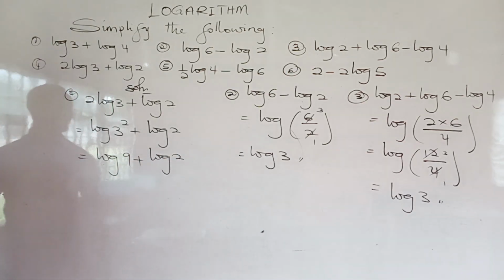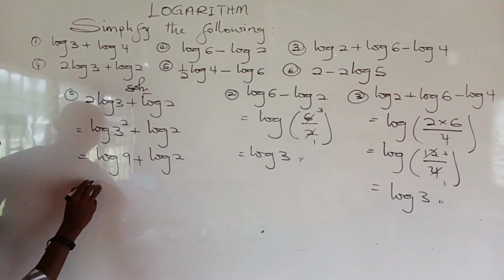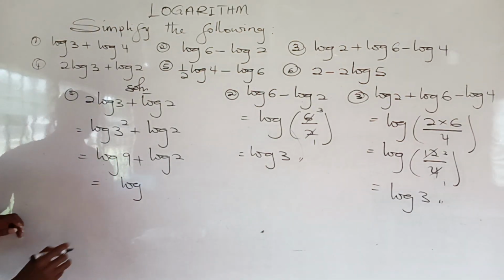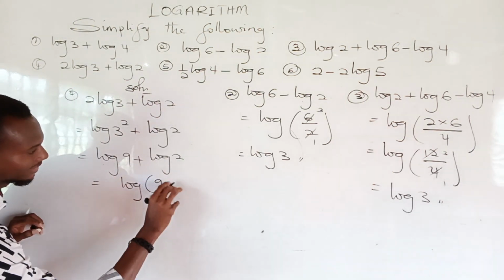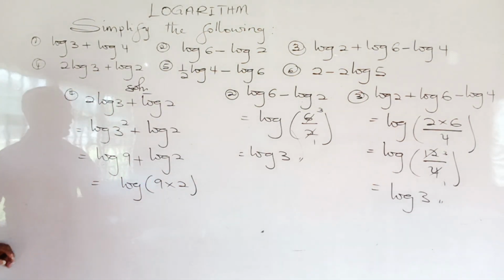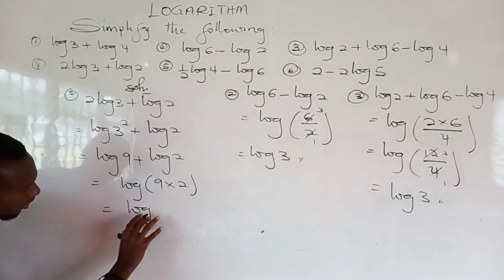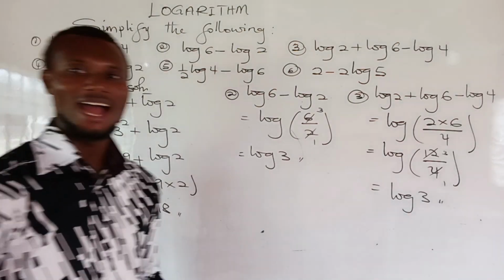Then from here, let's apply our product rule. All that we need to do is to write one of the log, then we multiply the numbers. So it's going to be 9 times 2. Then let's simplify. So I'm going to have log 18, and this is my final answer.